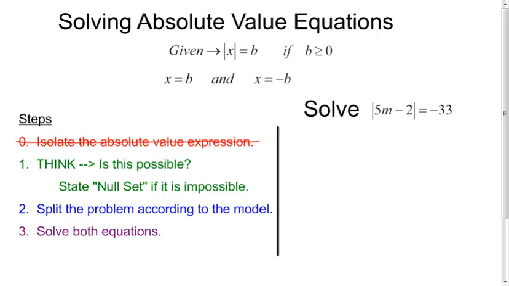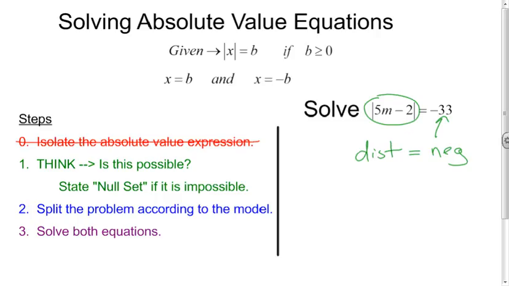Well, if I try to read this with a sense of literacy and fluency, I'm trying to say here that the distance of 5m minus 2 to 0 is negative 33. So this sentence, if you really generalize it, says distance equals negative. Again, you have to have the bars by themselves to be able to apply this logic.